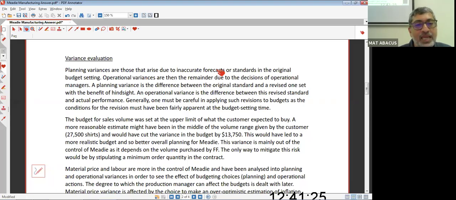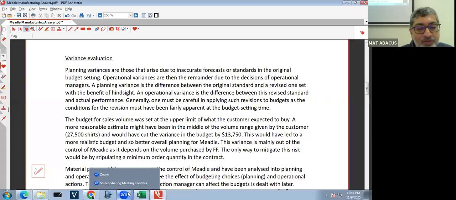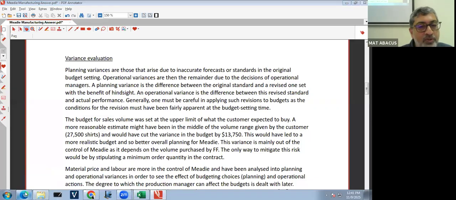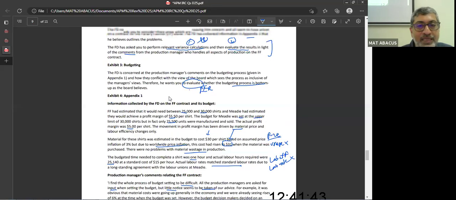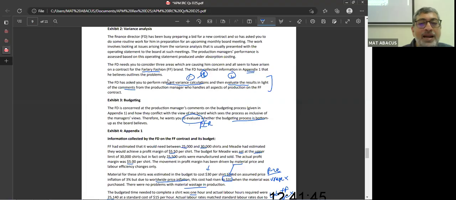So you can see this is a general explanation of planning variances and operational variances. But you might say, it's general and it's an explanation, why are they giving marks? Reason being, when they ask you at this level to do evaluation, they said here, perform relevant variance calculation.